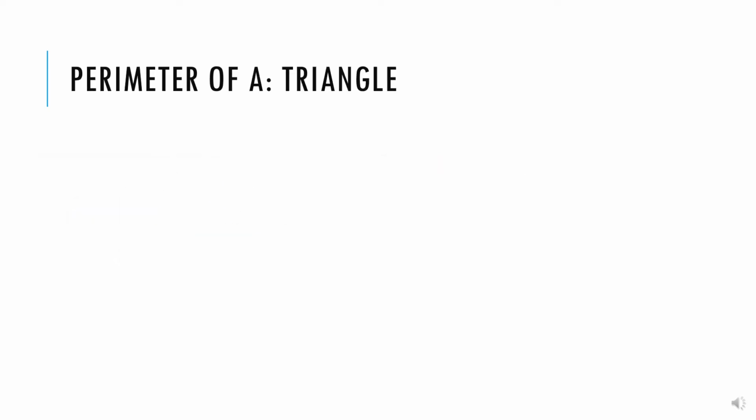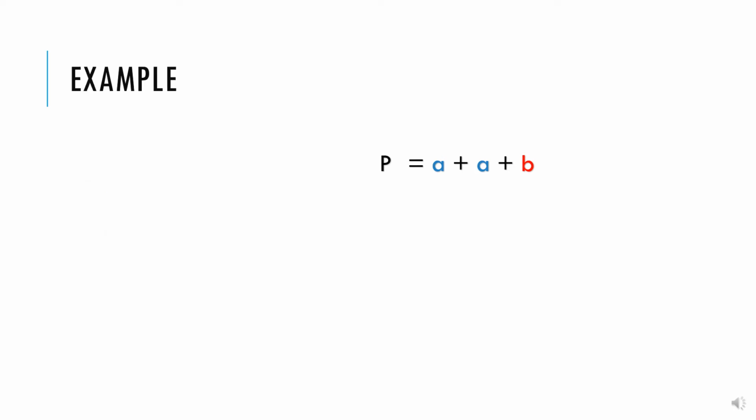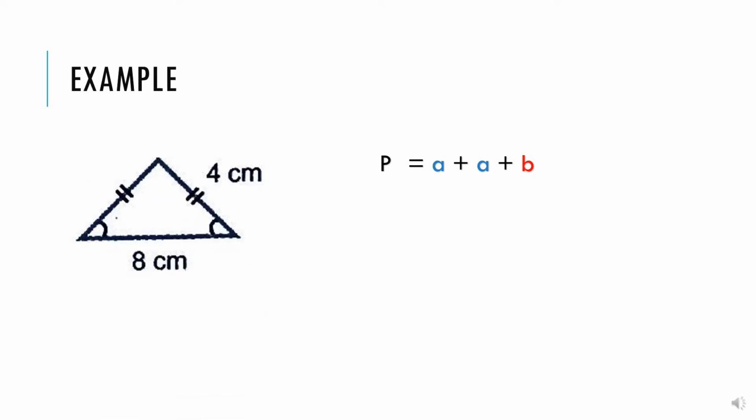If we take a look at isosceles, their characteristics are a little different, where 2 of the sides are equal in length. However, the formula typically is still side 1 plus side 2 plus side 3, but in this case, we know that 2 of the sides are equal, so we can represent it as A plus B. So in an example, we only have to give you 2 dimensions, or 2 lengths.